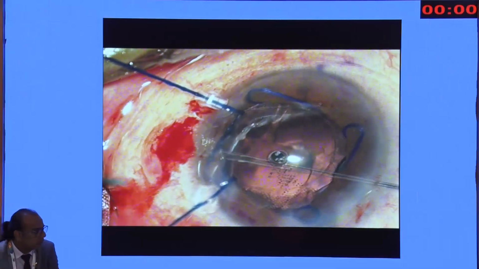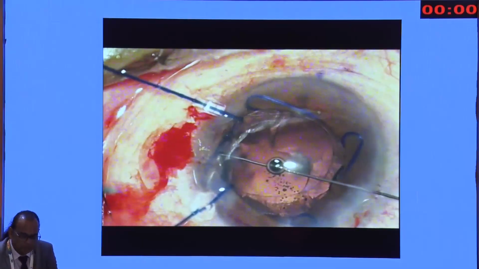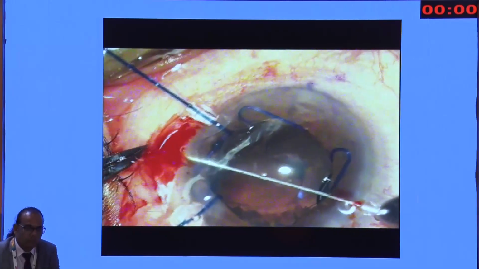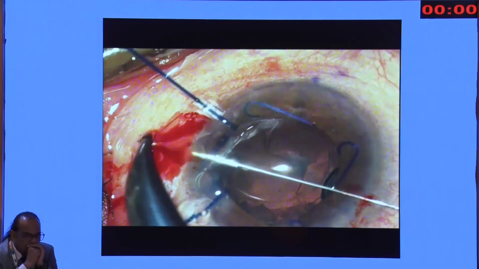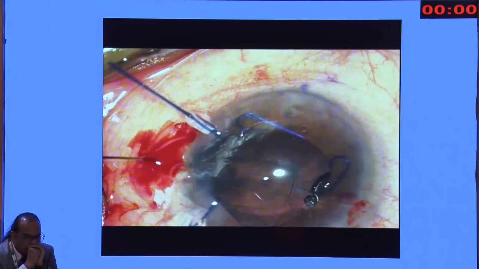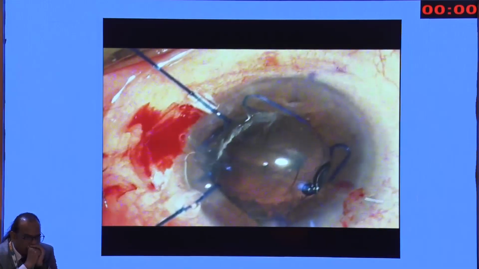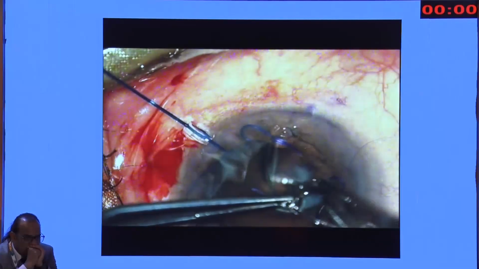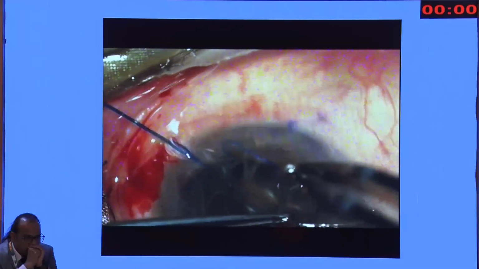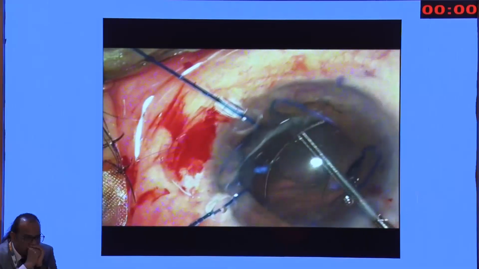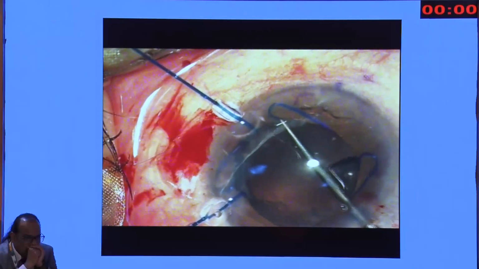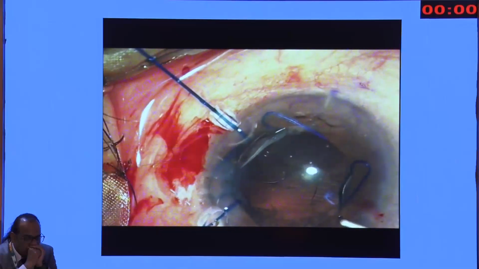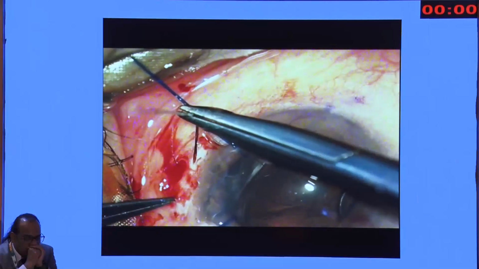Through the side port, a needle is passed through the sclera in the sulcus after creation of a conjunctival flap. The other end of the suture is passed through an eyelet of the Sioni segment, and this segment is gently placed in the bag, and the suture on the sclera is tightened to stabilize the bag.